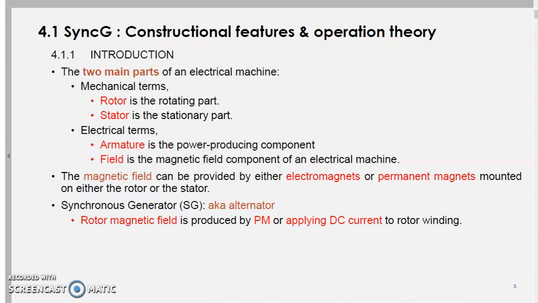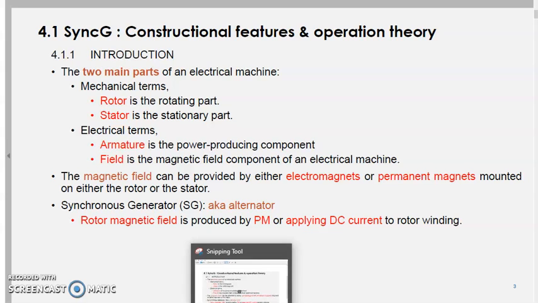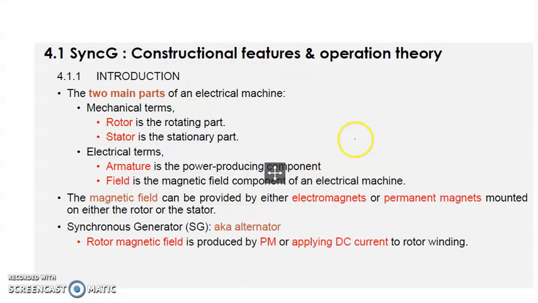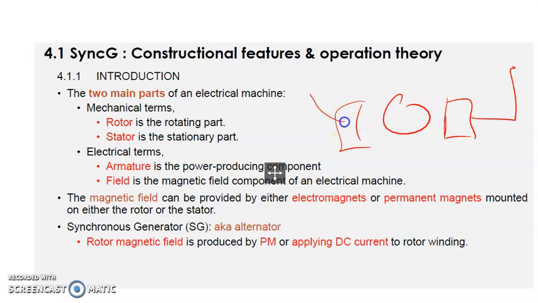Okay, in terms of the mechanical construction of your synchronous generator, we have 2 main parts. Most of this AC generator's construction is almost the same as your separately excited DC generator.